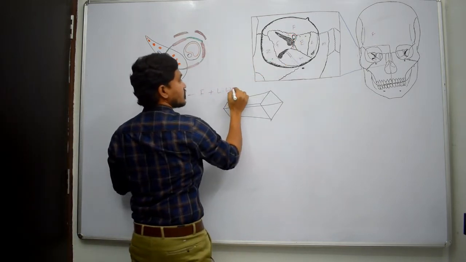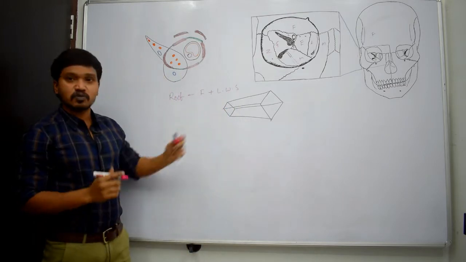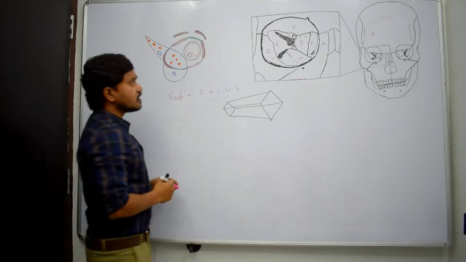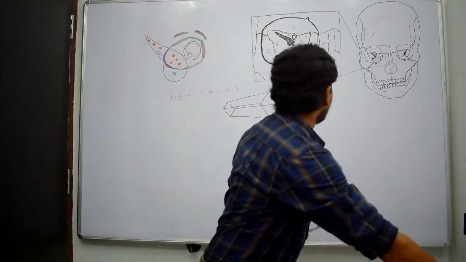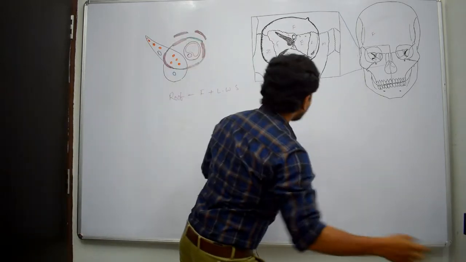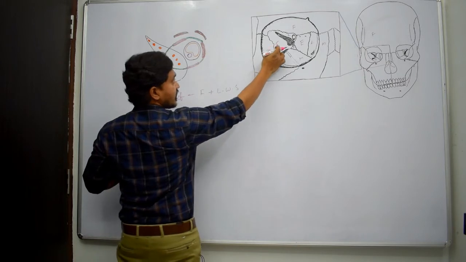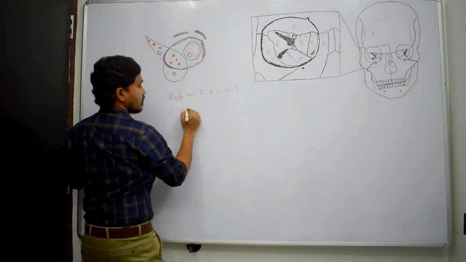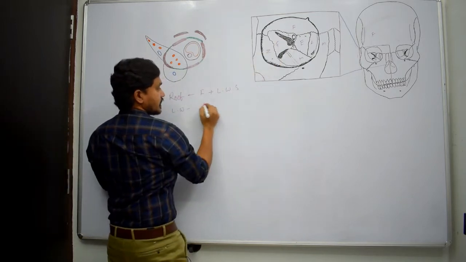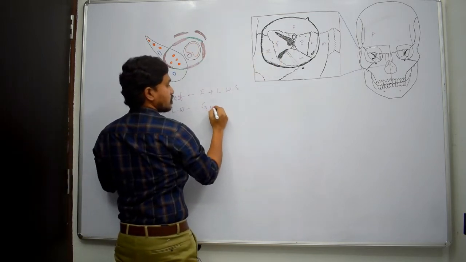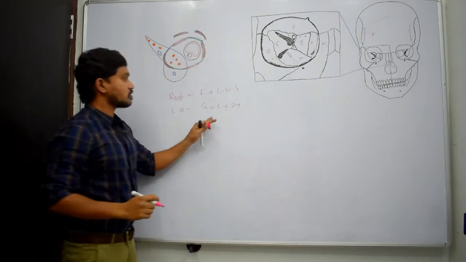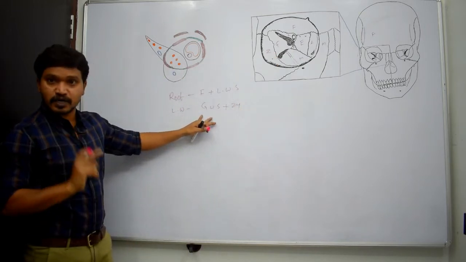Lesser wing of sphenoid. So the roof is formed by frontal bone and lesser wing of sphenoid. Then the lateral wall. This is the lateral wall, formed by the greater wing of sphenoid and zygomatic bone.